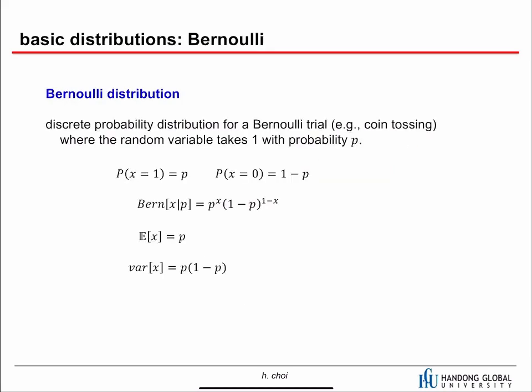Okay. And the next distribution is the Bernoulli distribution. It's a discrete probability distribution, like a coin tossing. When we toss a coin, we have either head or tail, right?